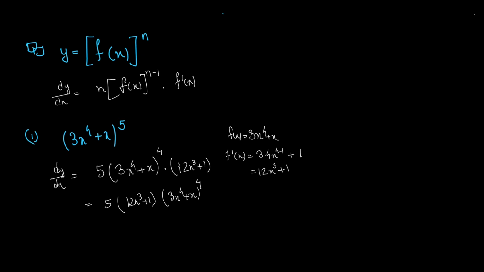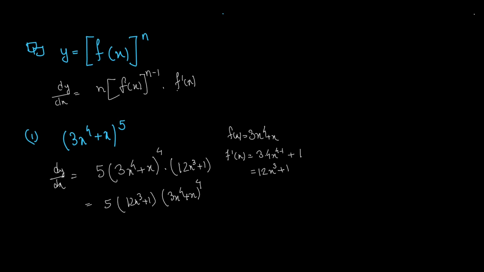Now, if we compare the way we did our process with the general formula, we can see the resemblance. Basically here the f(x) was this, and the power n was 5. So initially we took n, f(x), n minus 1. Here the 5, and f(x) is 3x to the power 4 plus x, and the power decreases by 1, so that's 4.